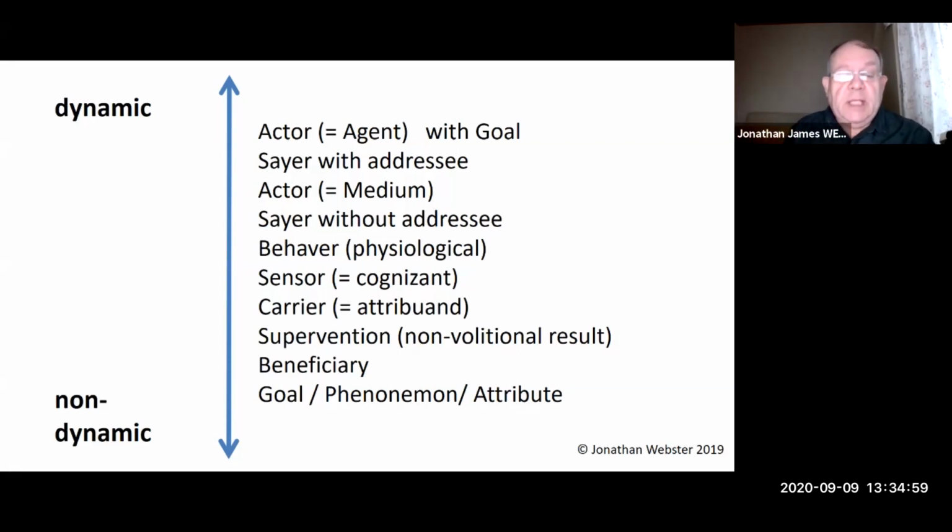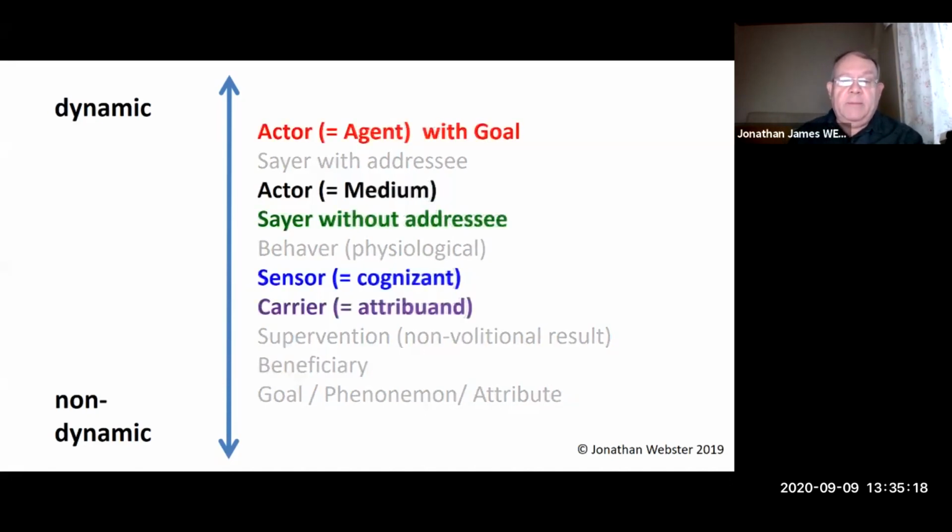Tom is thin. That's not so dynamic. But if you say Tom hit the ball, that's more dynamic. All right. And she is arranging these participant roles in this cline, this continuum from dynamic to non-dynamic.